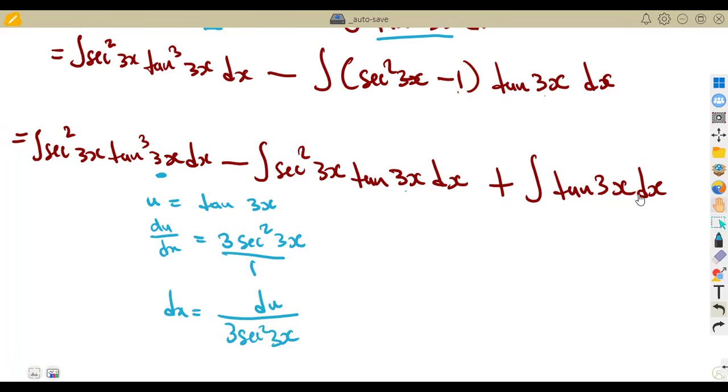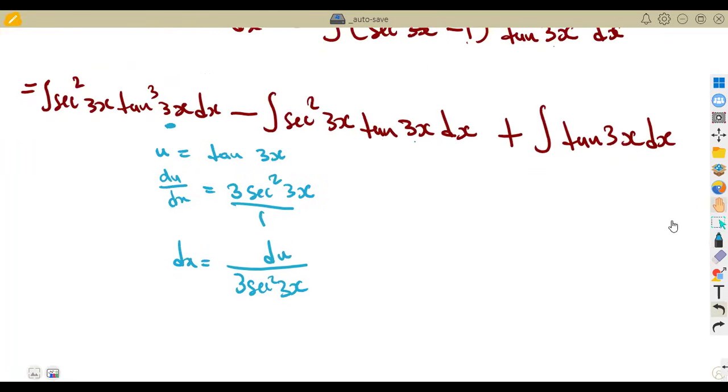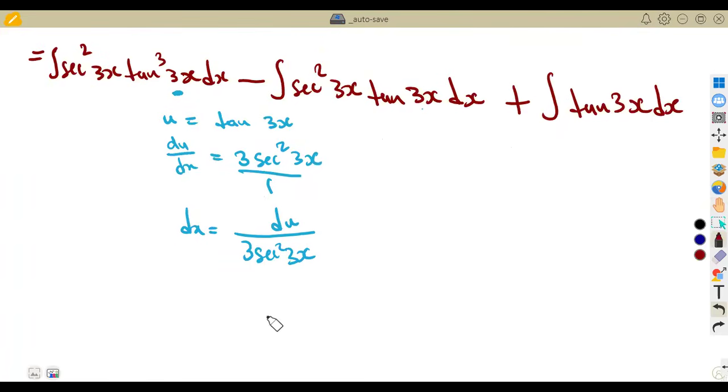All right. So that means on your integration here, on your substitution for the first two, these ones, you were going to substitute dx in place of dx here. So if you check properly, if you substitute dx, which is du over 3 sec squared 3x, and sec squared 3x, we're going to cancel, meaning to say we're going to be left with 1 over 3 du.